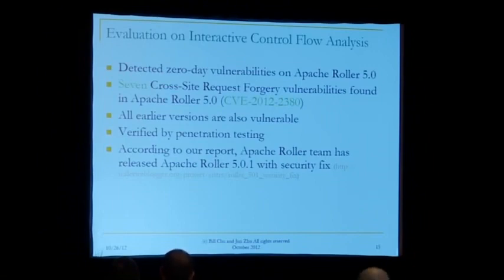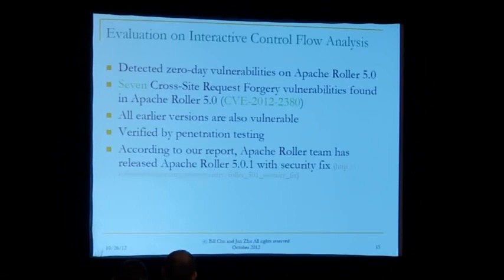We reported to the Roller team, and they fixed it, and they credited us for finding those 0 days. So that's, in our mind, at least preliminary proof that if you had something like that, this is basically not rocket science, right? It's just when you're writing code, the tool says, where's your CSRF protection? And we think that people know what to do, but they just forgot for whatever reason.